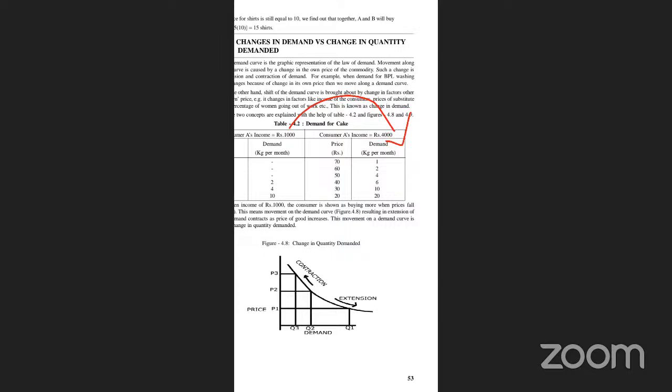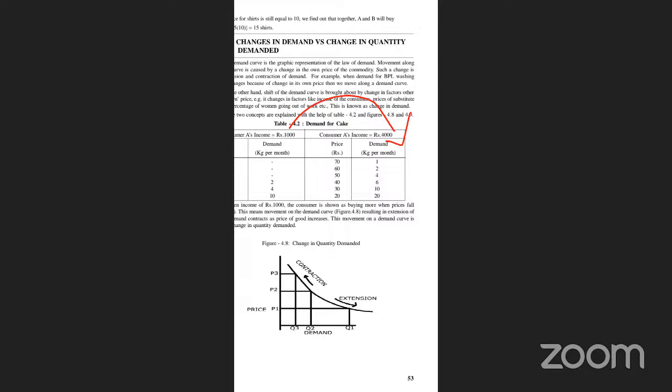When the salary was 1,000, there is no demand. But when the salary is 4,000, there is a demand, least but yet 1 kg. 60, 2 kgs. So on and so forth. When the price is 20 rupees, there is a demand for 20 kgs.